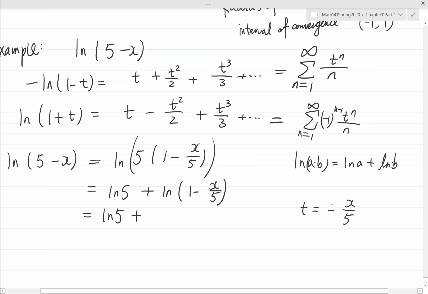So from this equation, take t to be negative x over 5.